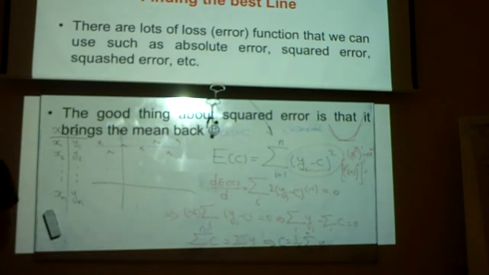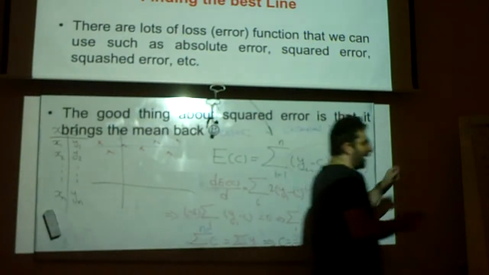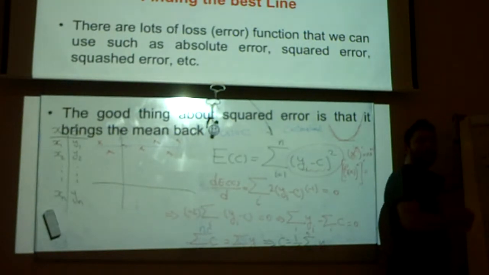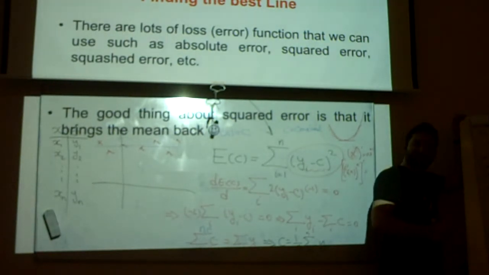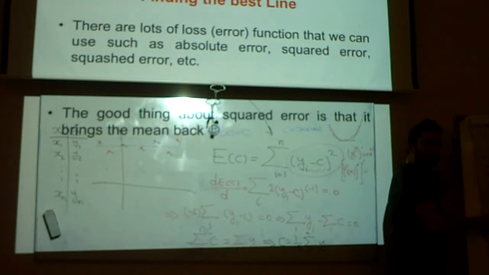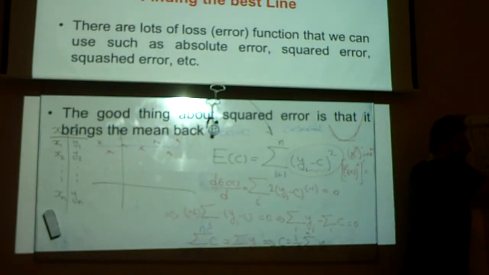I will tell you another one. You know that I have drawn lines which are perpendicular to this blue line, right? I actually can calculate the lines which are horizontal, parallel to my x-axis, and I say that I'm trying to minimize this error.